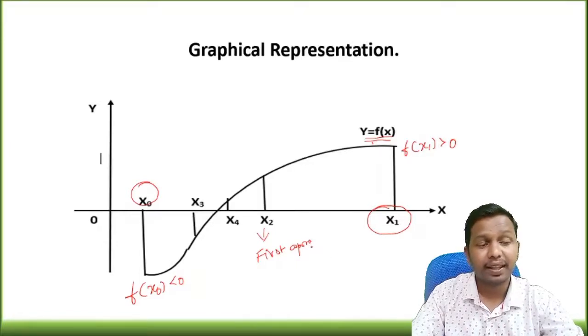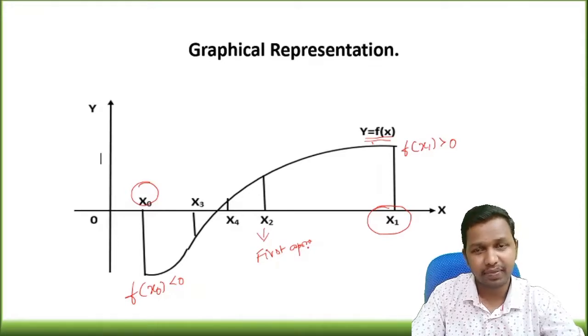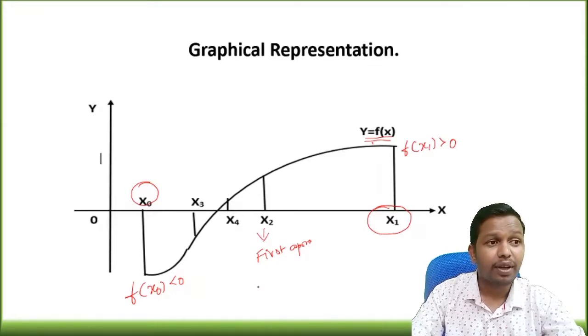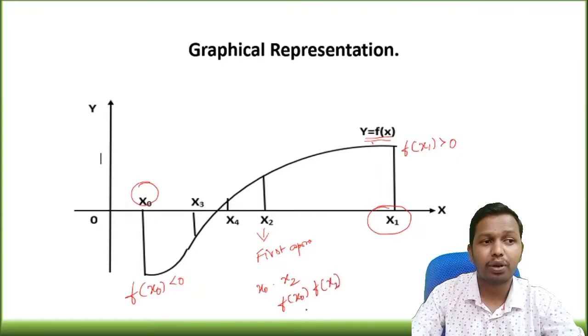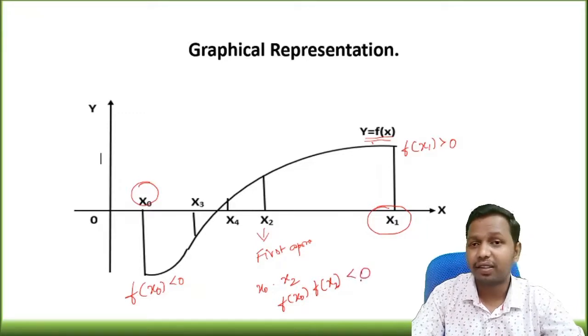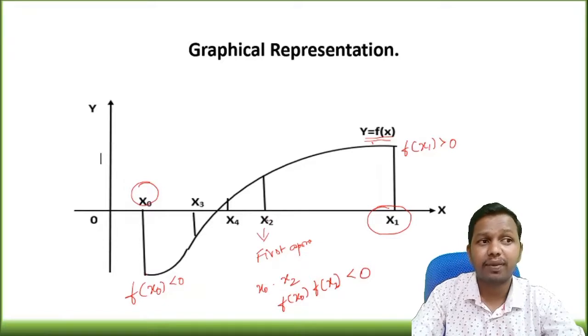Next, we have to check the condition f of a into f of b is less than 0 or not. Observe here, for x0 and x2, the product of f of x0 and f of x2 is less than 0 because the function value at x0 is negative and the function value at x2 is positive.